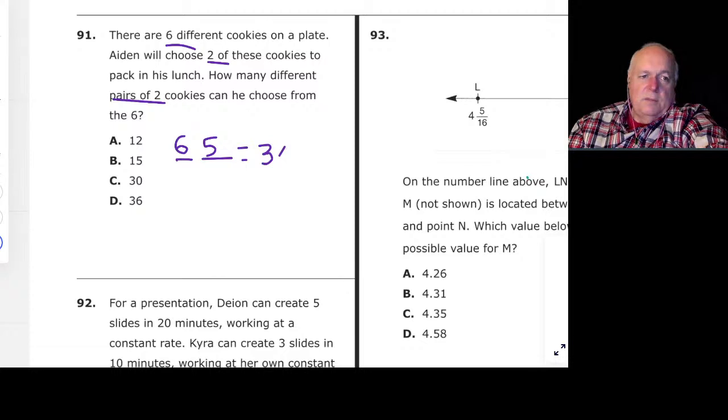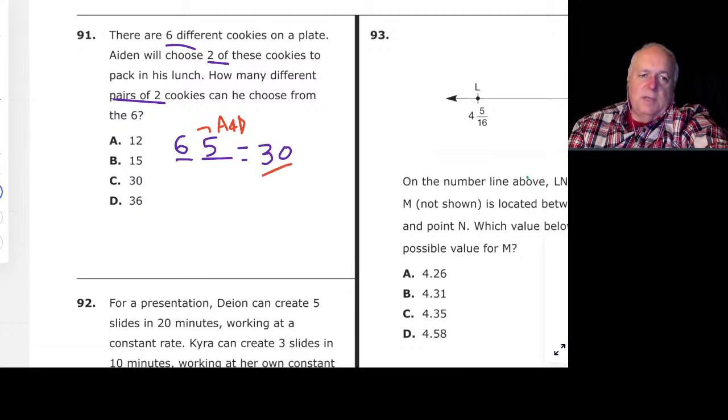Because if he chooses cookie A for the first and cookie B, he chooses cookie A and cookie B. Then that is the same as choosing B and A. So therefore, what we need to do is divide this by 2.